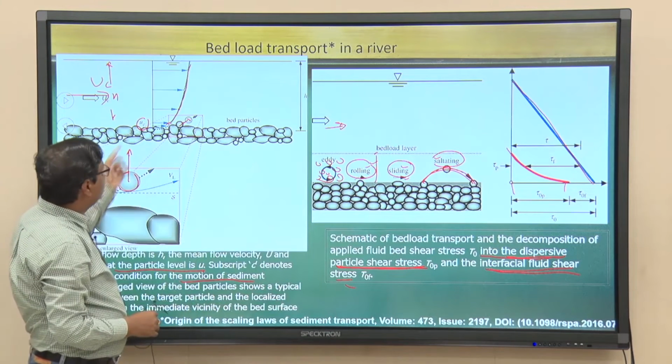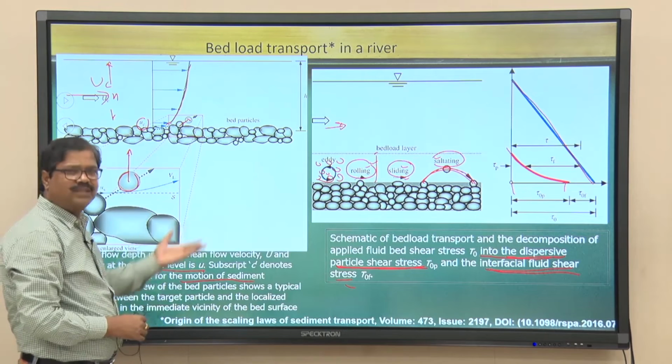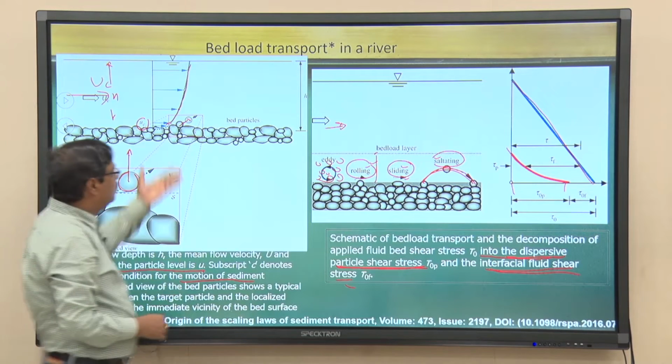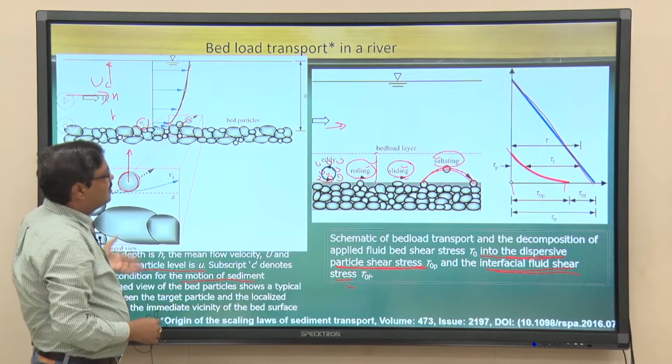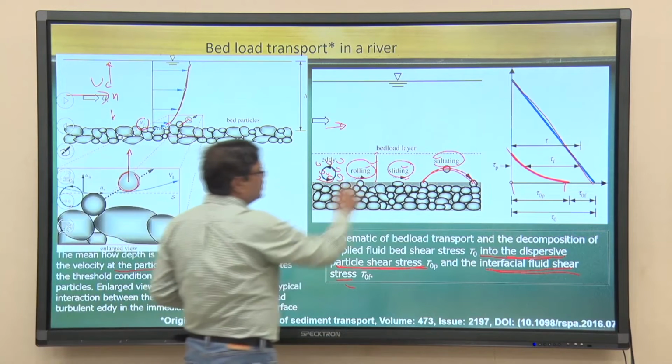So, we are not looking much at the particle level, though nowadays it is possible to look at the particle level and track each particle and know how the processes are happening.